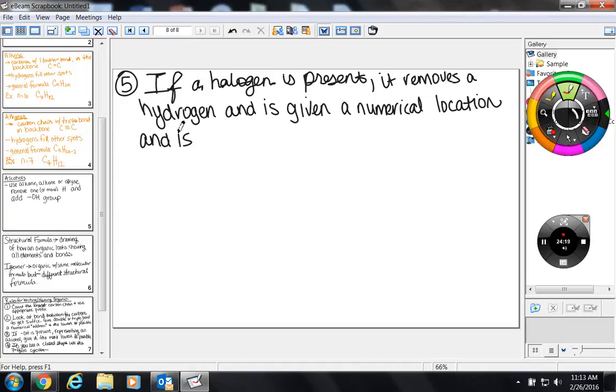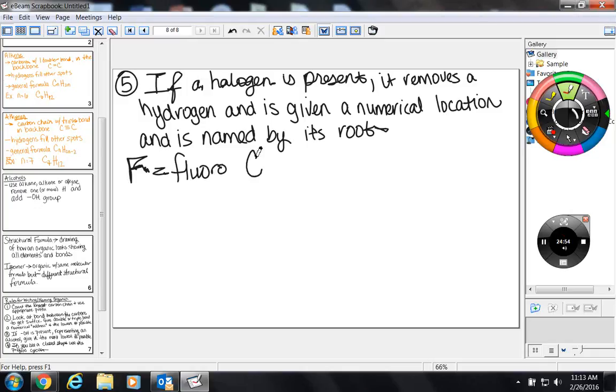And is named by its root, meaning, so like F is fluoro. Cl would be chloro. Br, bromo. I, iodo.